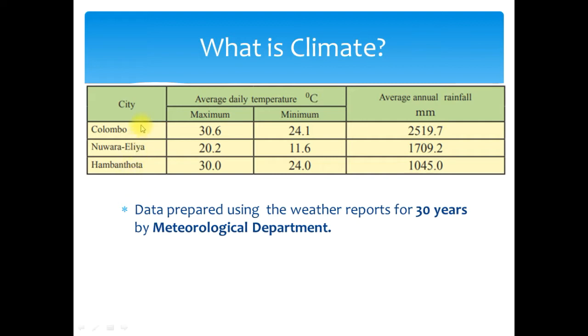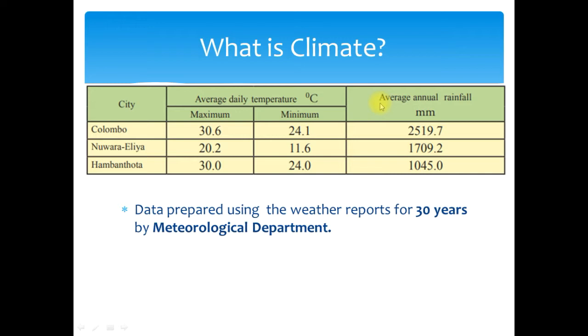Here they have tabulated the city, average daily temperature, maximum temperature and the minimum temperature, and average annual rainfall. Let's try to answer some questions based on this table.